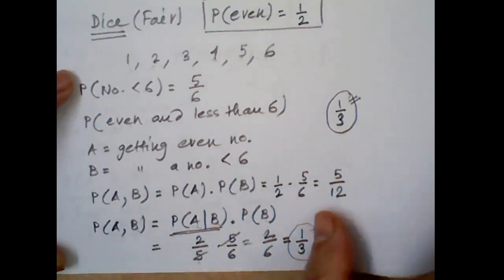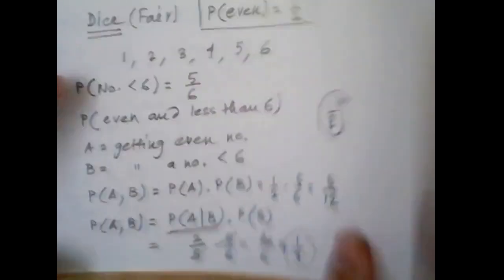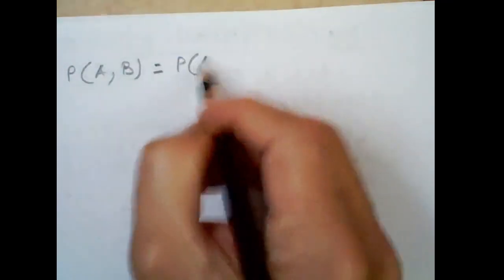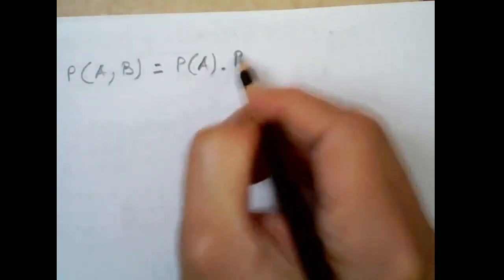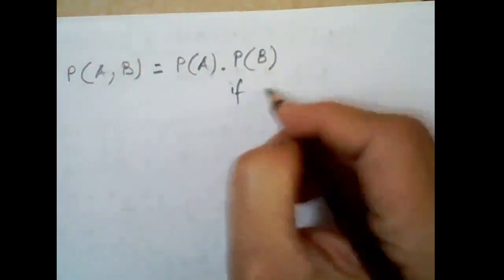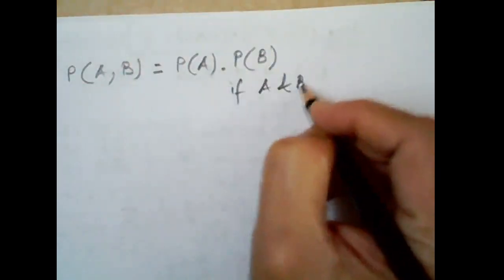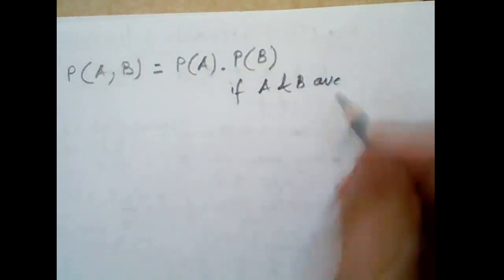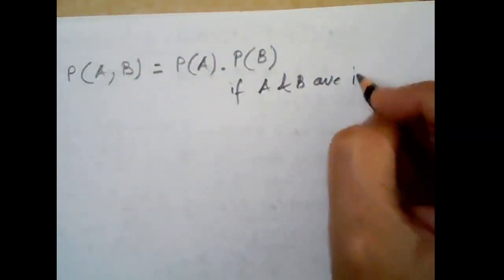Okay, so what is the take-home message here? The take-home message here is as follows. The joint probability of P of A comma B will be equal to probability of A times probability of B if A and B are independent.